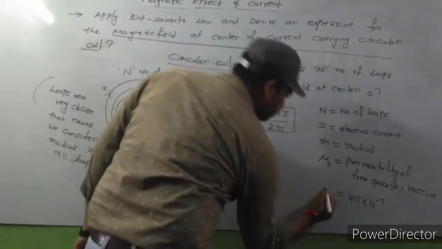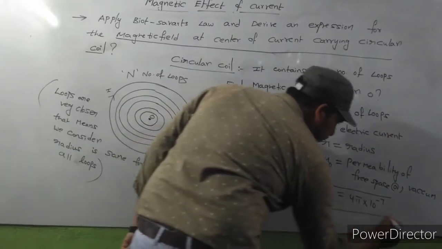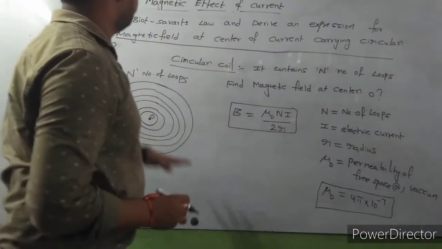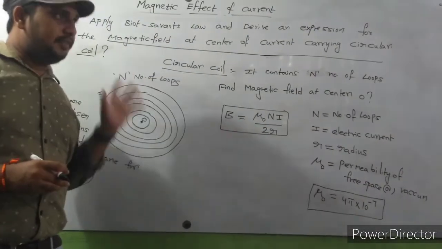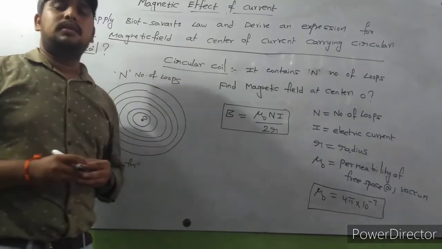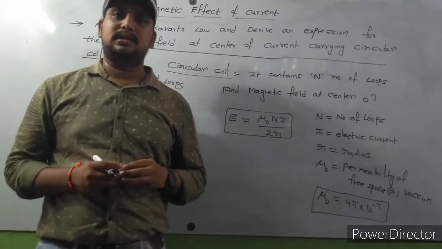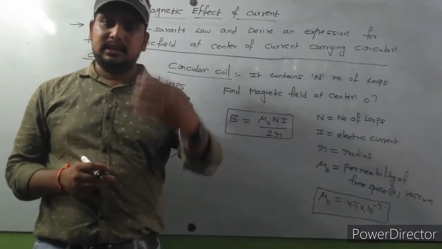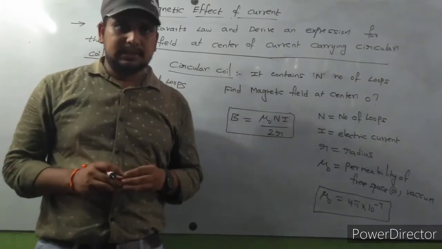So this is about the magnetic field acting due to a circular loop. Now I am going to discuss a few numericals based upon this concept. After discussion of these numericals, we will get a clear idea about this topic.